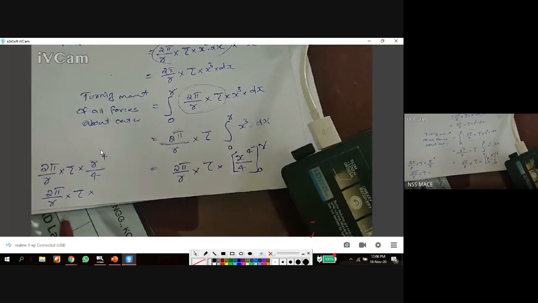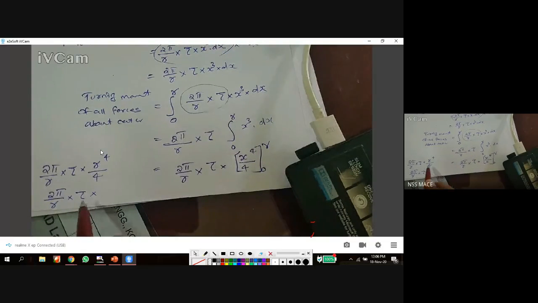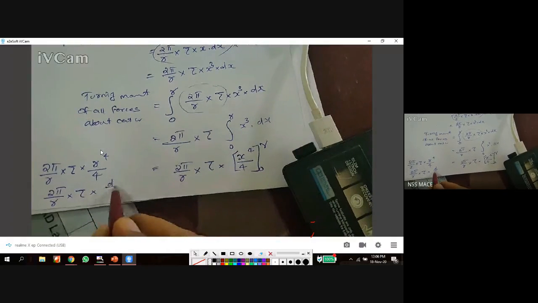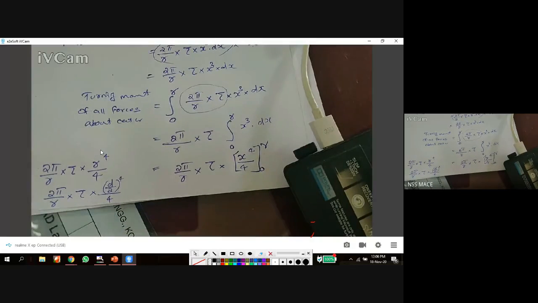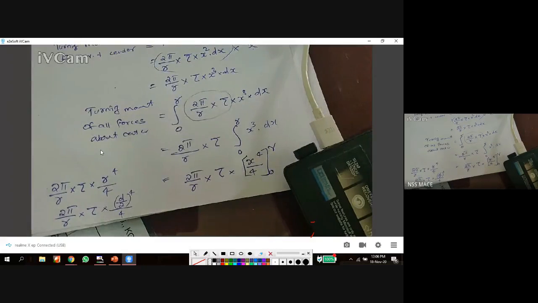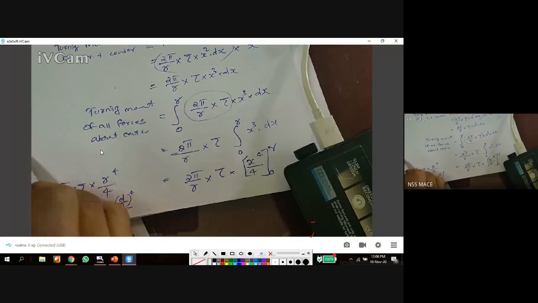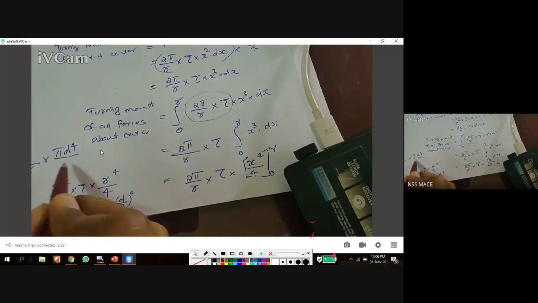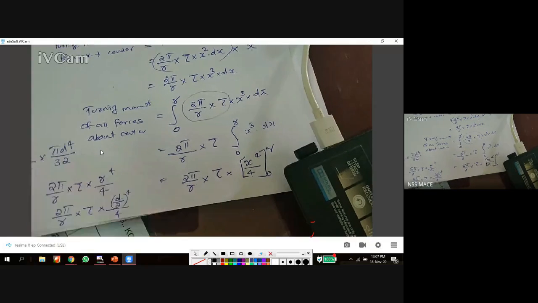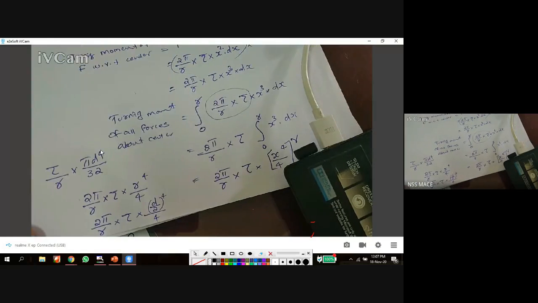So അത് വരുമ്പോൾ എന്ത് വരും? d by 2 whole raised to 4 by 4. Okay, from this by rearranging, we got tau by r into pi d raised to 4 by 32. So we got this equation, tau by r into pi d raised to 4 by 32.